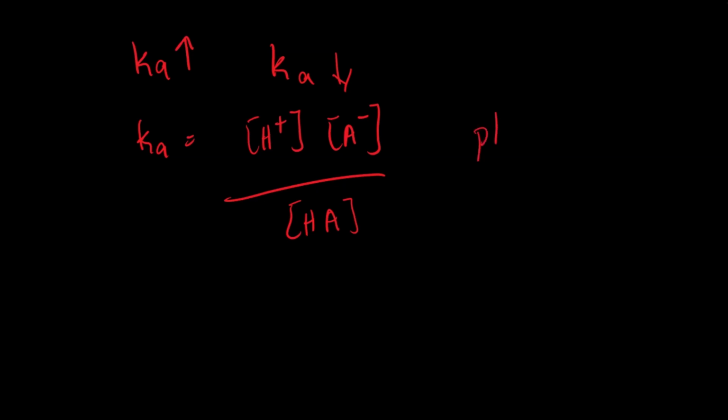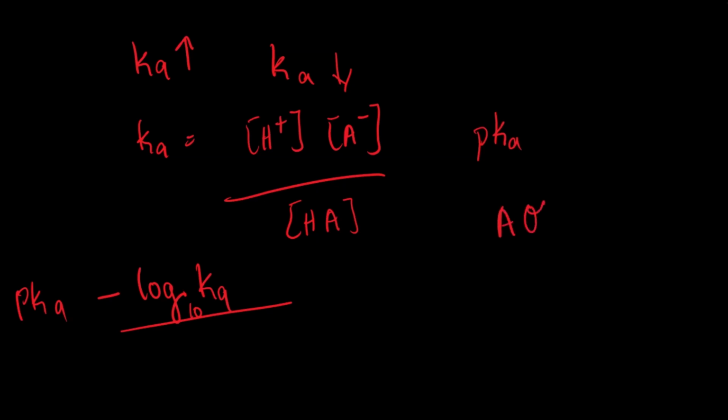Okay, now just like pH, we can actually calculate the pKa value. The pKa value is simply the negative log of the Ka. Okay, so the negative logarithm to the base 10 of Ka equals pKa. And this applies also for a base. So when we have a base like AOH, and this dissociates into A plus and OH minus.